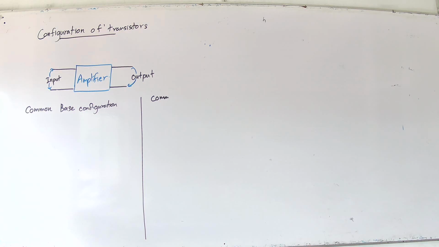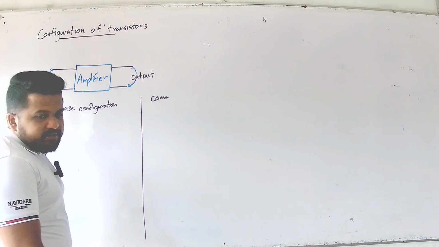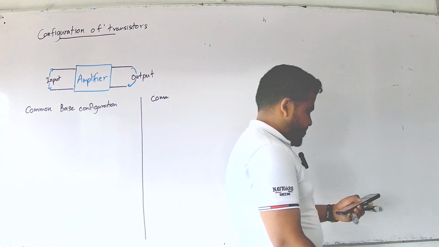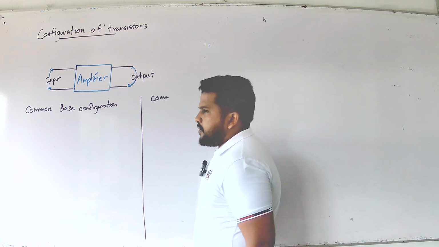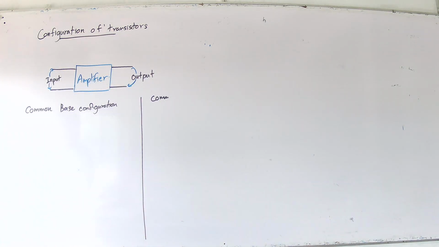The transistor has only three terminals: E, C, and B. Emitter, collector, base.